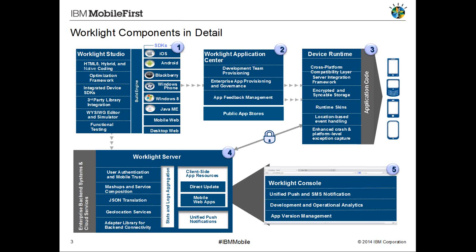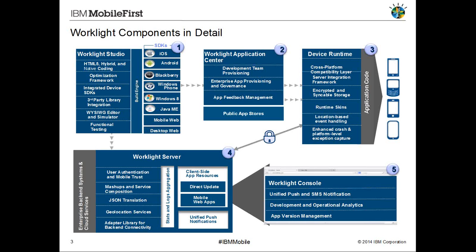So the server pretty much takes care of that. In addition to that, it provides a user authentication mechanism. So I can ensure that there is token-based authentication to sign into multiple systems in the backend, while the user will still be using the initial login which he used to get into the app.